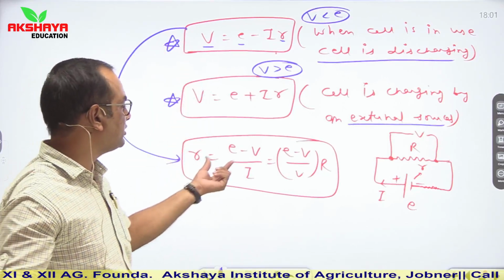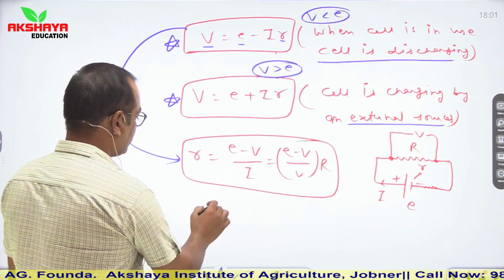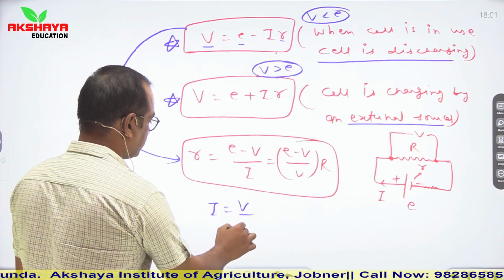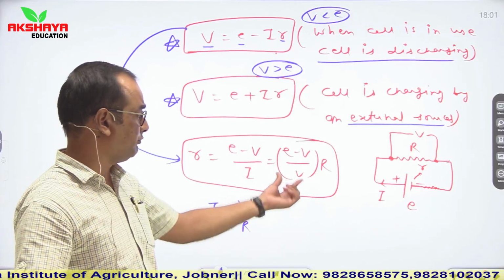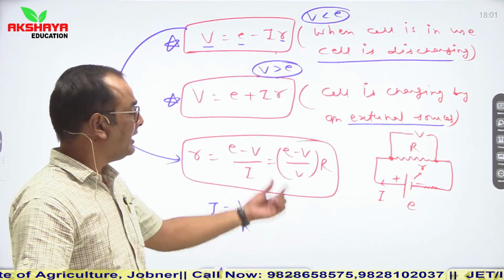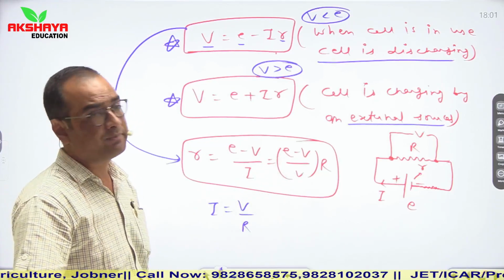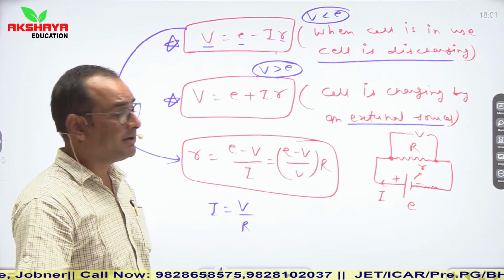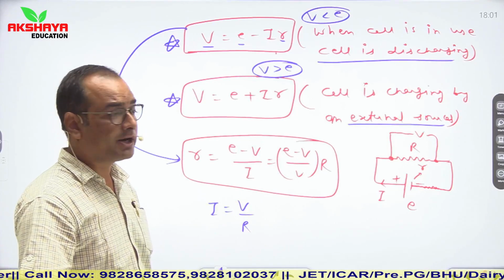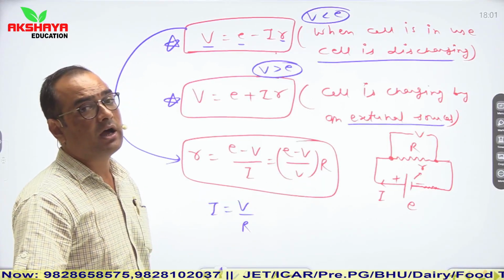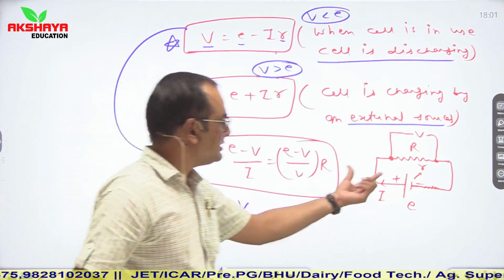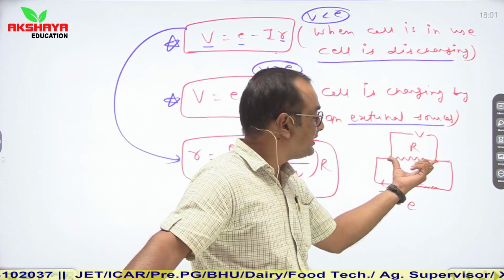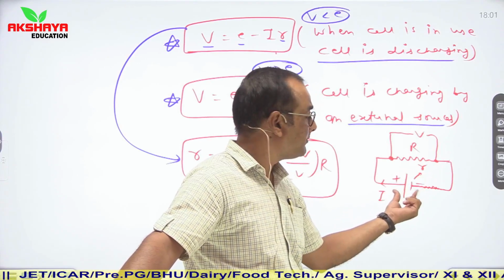And we know that I is equal to V upon R from Ohm's law. So if we place I is equal to V upon R, then our relation becomes r equals E minus V upon V into capital R. So here E is EMF, V is potential drop, and capital R is amount of load resistance, whichever is being connected in circuit with the help of cell.